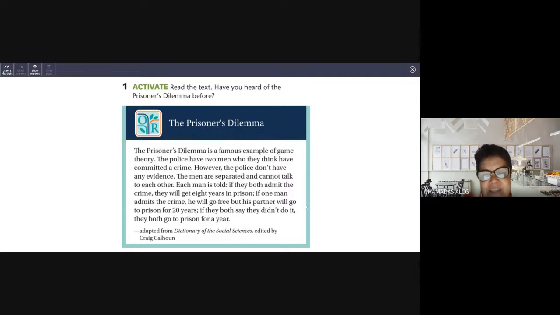And I guess the best scenario is if both say they didn't do it, because then they only go to prison for a year.